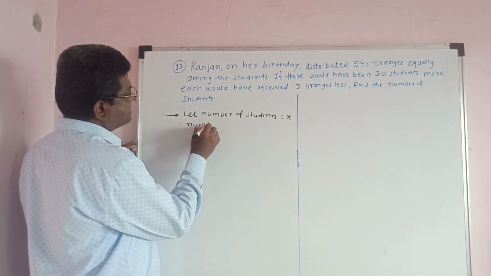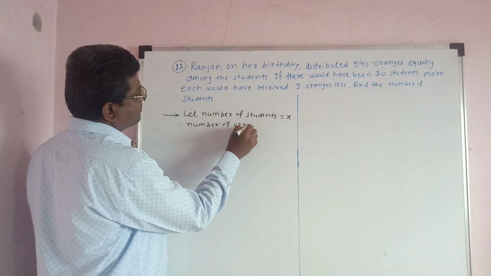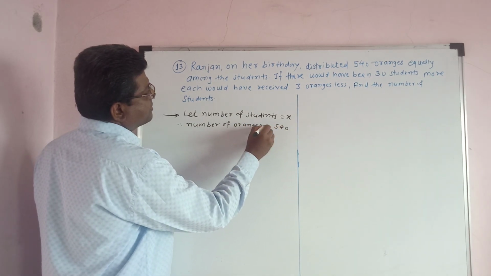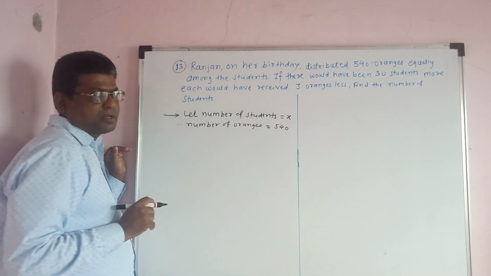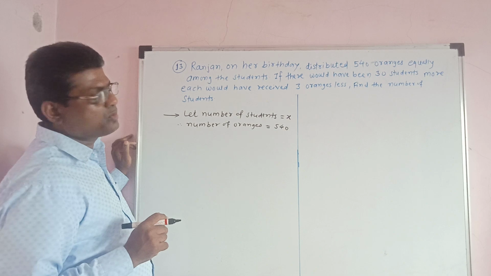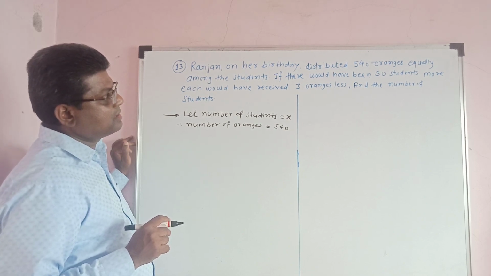Number of oranges is equal to 540. Let there are initially x students and total number of oranges are 540.